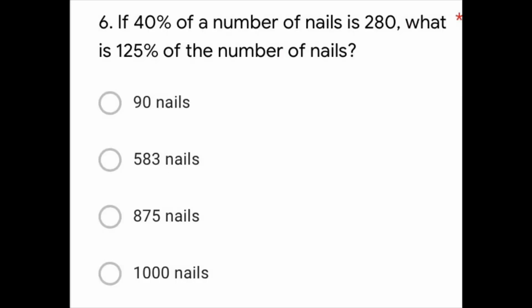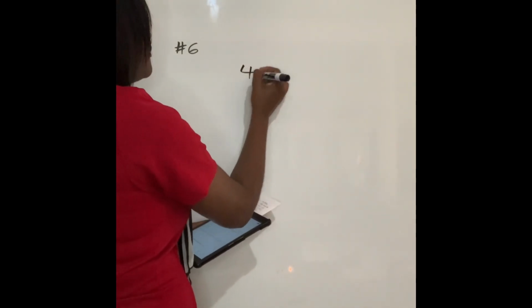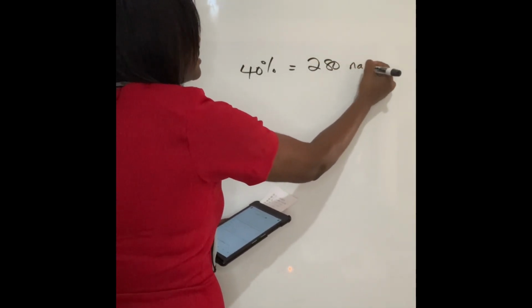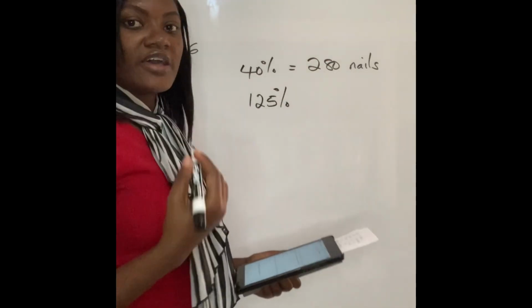Question 6, it says if 40% of a number of meals is 280, what is 125% of the number of meals? Now, there are many ways of working this question, and one such way, we know that 40% is equal to 280 meals, and they want us to find what is 125%.